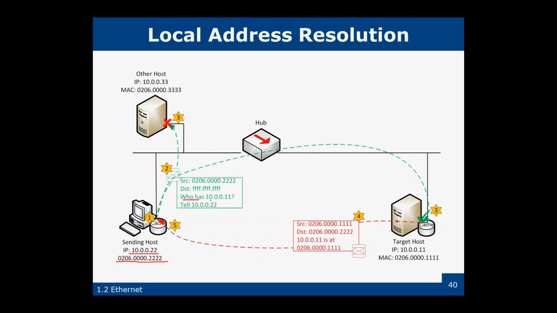If we want to go to 10.0.0.11, this host over here, and we don't have it in our what's called an ARP table, if it's not cached, then we send a broadcast to all stations that says, hey, tell me who has 10.0.0.11, tell 10.0.0.22. So it sends its MAC address back so that we can associate the IP address with the MAC address in our computer.